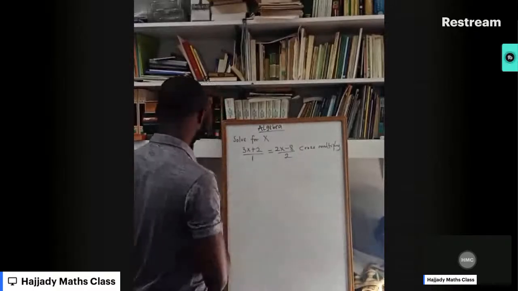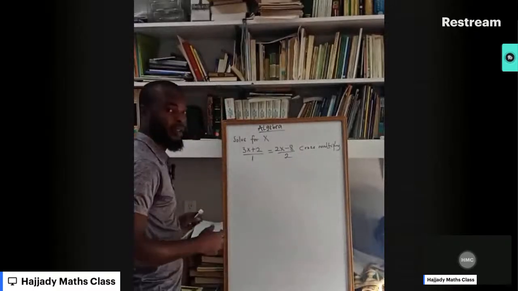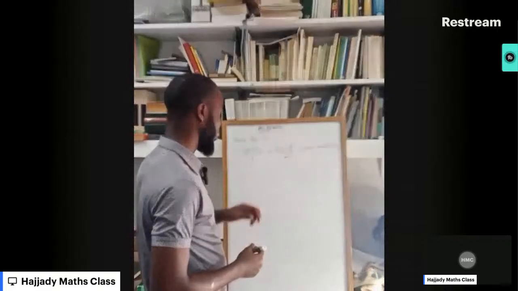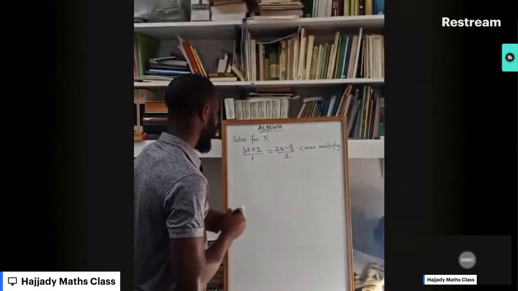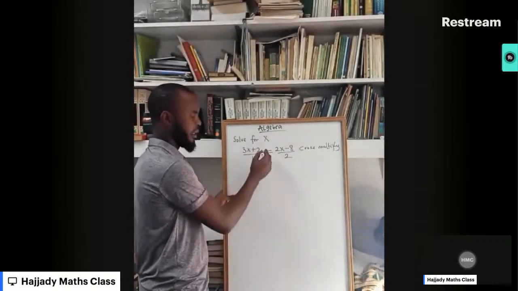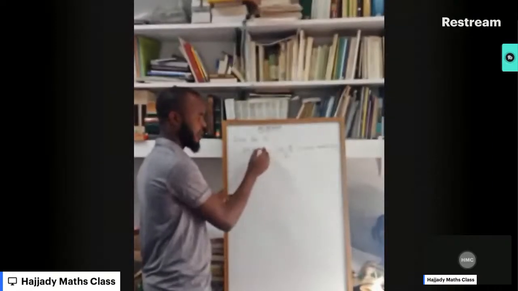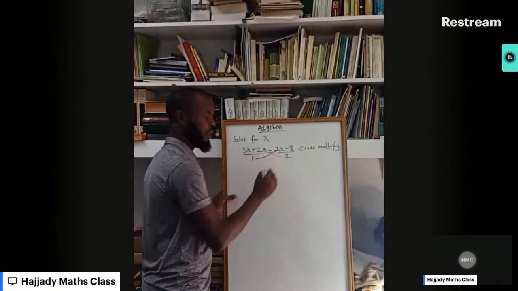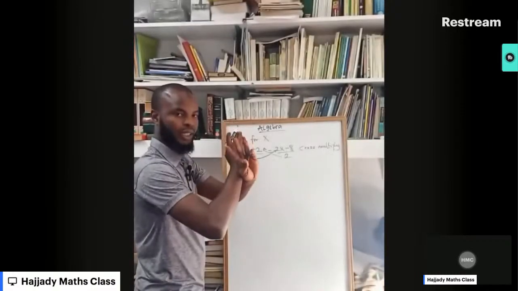So here now we need to use the cross multiplication approach. By using it, you have this multiplying this, and the denominator here multiplying the numerator on the other side. So they are going to cross like this.